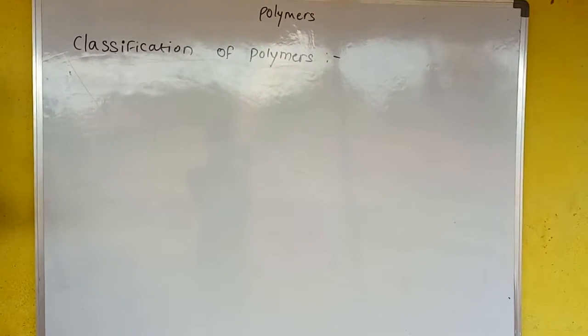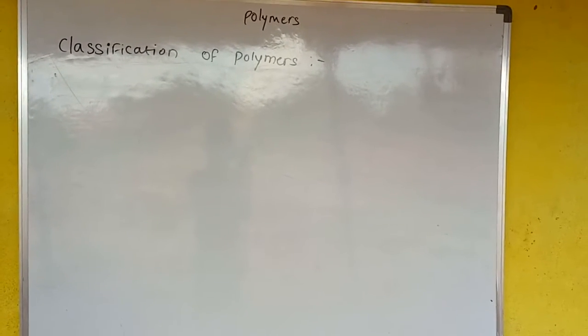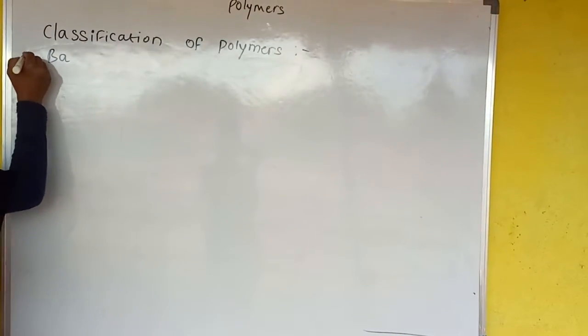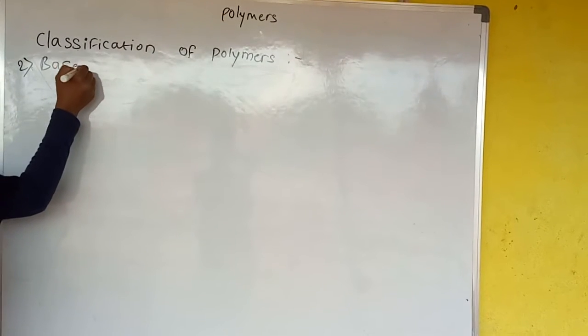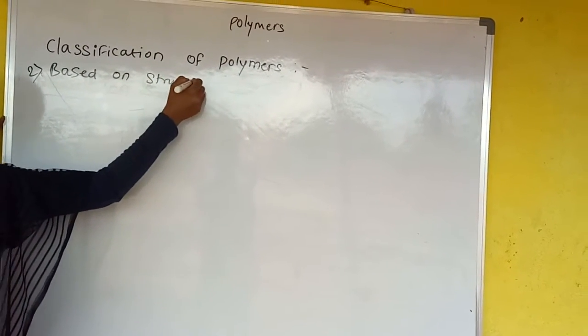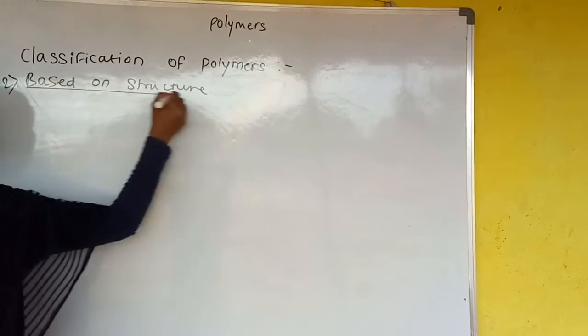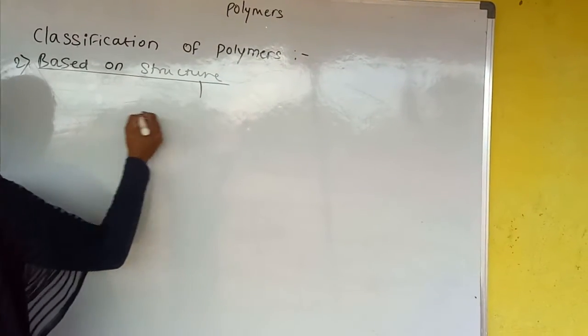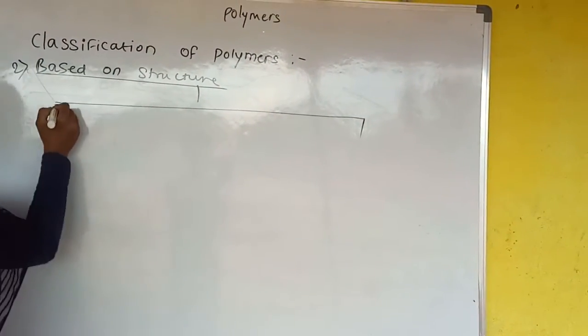Good afternoon, students. Come to the next part, that is classification of the polymers based on structure. Okay. On the basis of structure, polymers are classified into three parts.